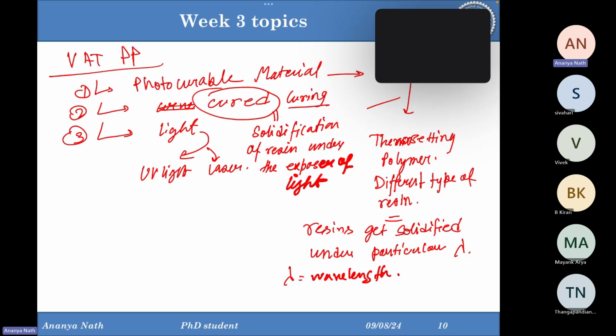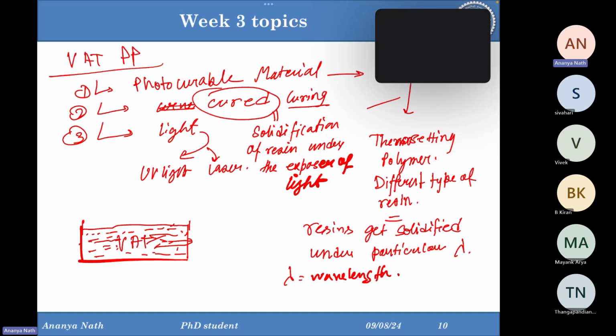You have to have a liquid resin. You put it in a vat. Vat is a container where we pour the resin. Resin is the raw material for vat photopolymerization. The liquid resin is cured, and if you have a build plate, you can print the part on that build plate.